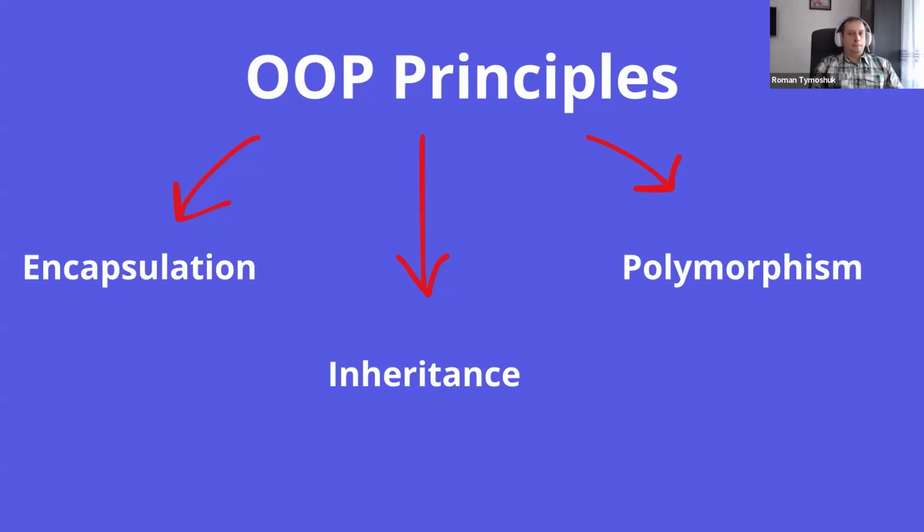Okay, good. Inheritance. This is a principle that every class can have its own parent class, and the child class can inherit certain properties from the parent class, like methods or maybe objects. Perfect. And polymorphism.